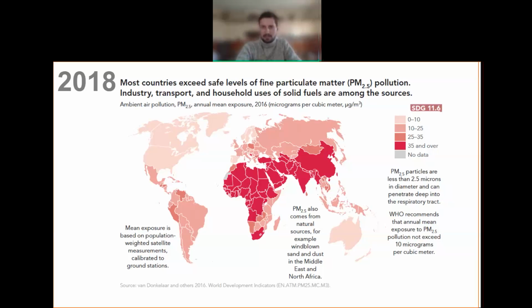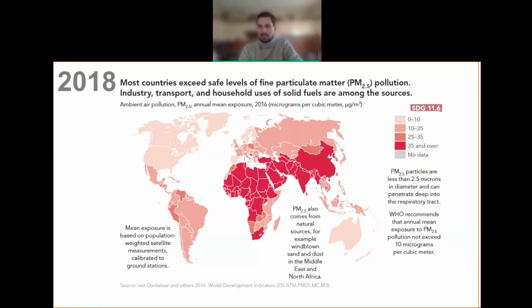And then we have targeted annotations that provide some context about this. Here at the bottom left, you can see that the mean exposure is based on population-weighted satellite measurements calibrated to ground stations. That gives you some background about how that information was collected. Then you have information that PM 2.5 also comes from natural sources, so it's not only human-generated pollution.